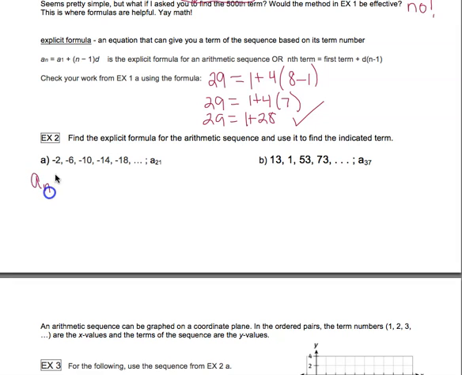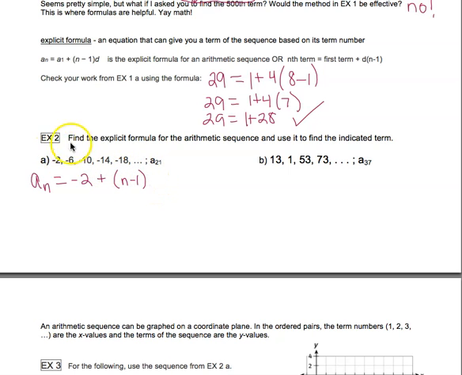So a sub n equals, the first term of my sequence here is -2. So first term plus, because this is the general formula, I'm going to keep n instead of plugging in a number right now, n minus 1 times the common difference.